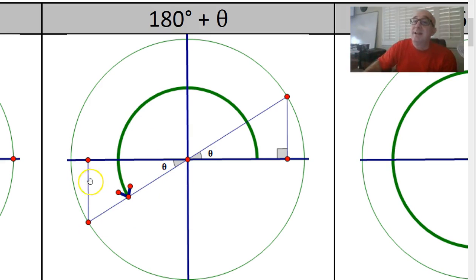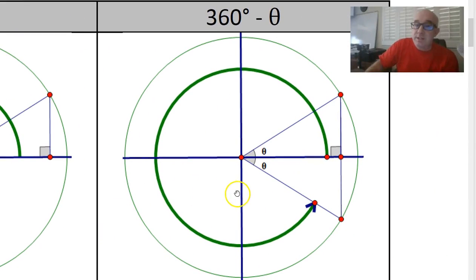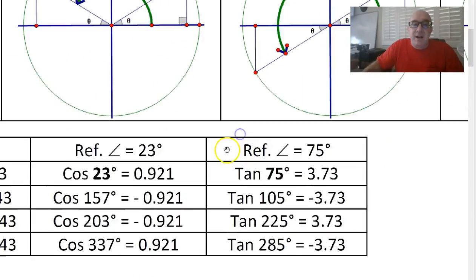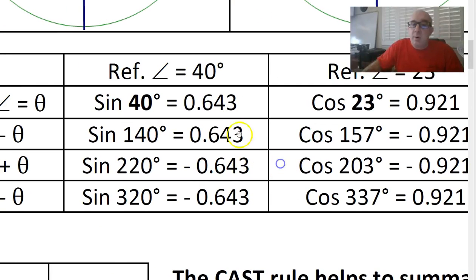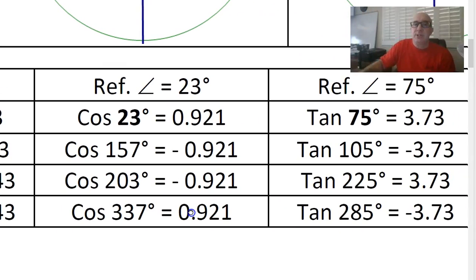Sine becomes negative in this quadrant. Here, sine is also negative because the y value, which is our opposite, is also negative, so negative divided by positive. So we learn that sine is always positive in quadrants 1 and 2, and sine will always be negative in quadrants 3 and 4.